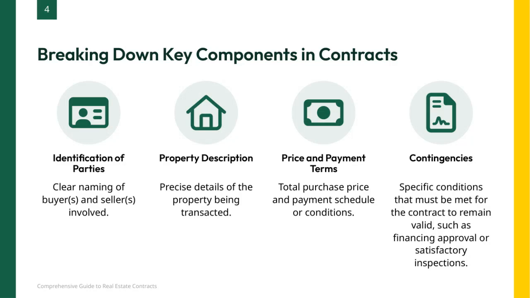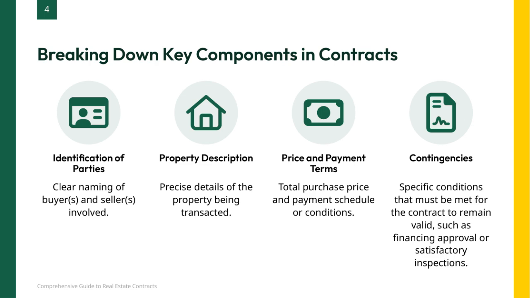When looking at contracts, it's important to understand some key components that keep everything clear and secure for both parties. First, the identification of parties is crucial. The contract needs to clearly state who the buyer and seller are to avoid any confusion about who is involved. Next, the property description must be precise. Every detail about the property should be included, so there's no ambiguity about what exactly is being bought or sold.